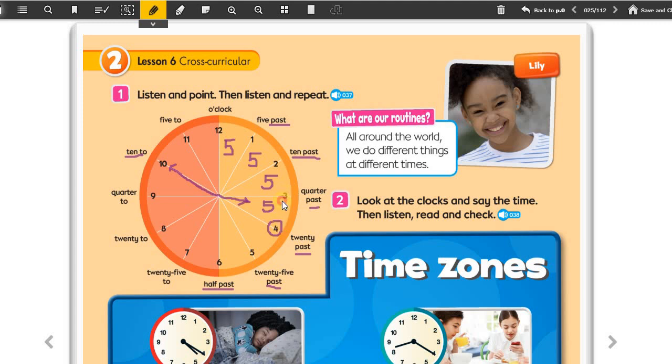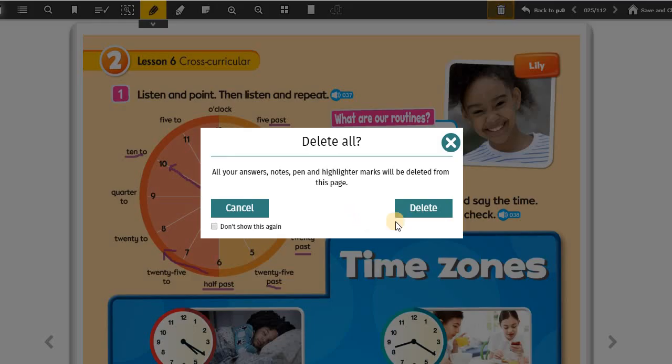So, not 3 anymore. After half past, we don't say 3 anymore. We say there is 10 to 4. Perfect. So, well done, kids.